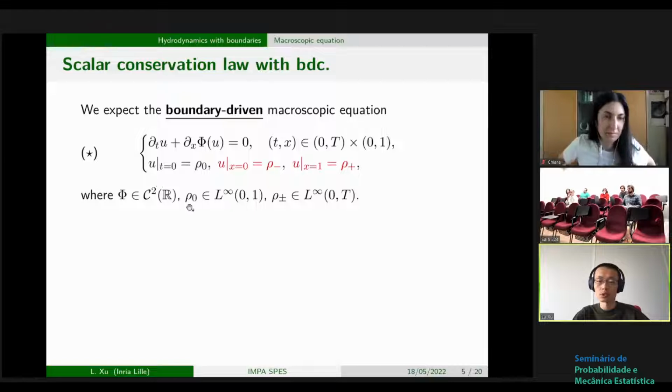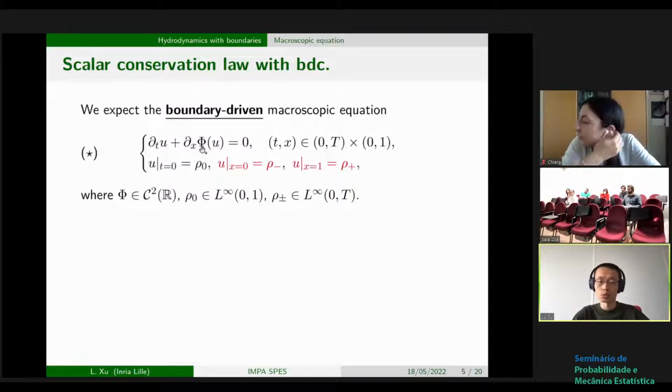So it's just a C2 function. And rho 0 is the initial data. This is not important. The important thing is that the boundary condition is always of Dirichlet type. On the left it's some rho minus, and on the right is some rho plus. Rho minus and rho plus are both L infinity functions. So this is the equation we imagine.